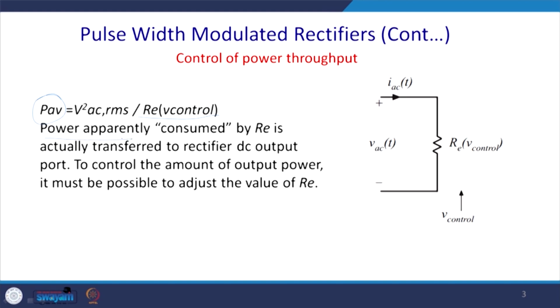The power apparently consumed by R_E is actually transferred to the rectifier DC output port, so thereafter you get a DC voltage. To control the amount of output power, it must be possible to adjust the value of R_E, so that you can transfer the maximum power.